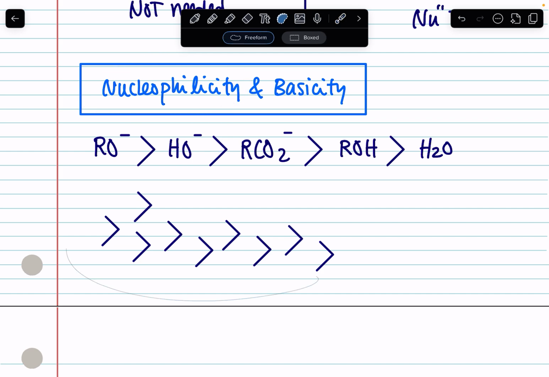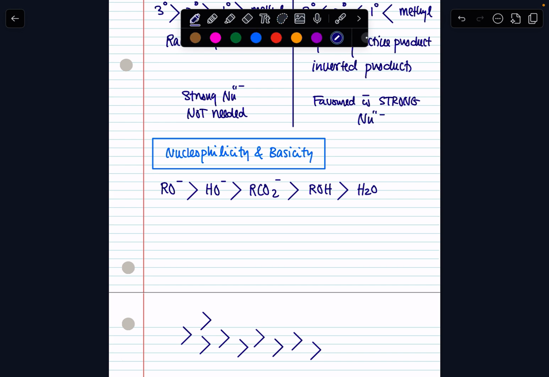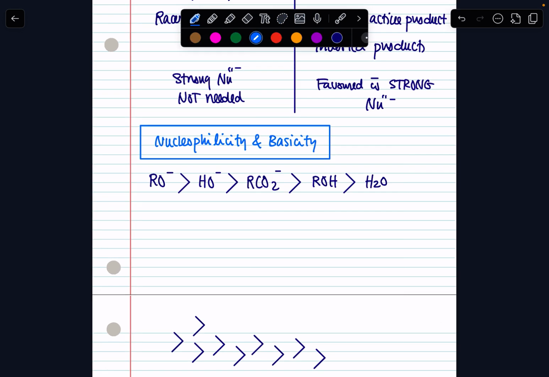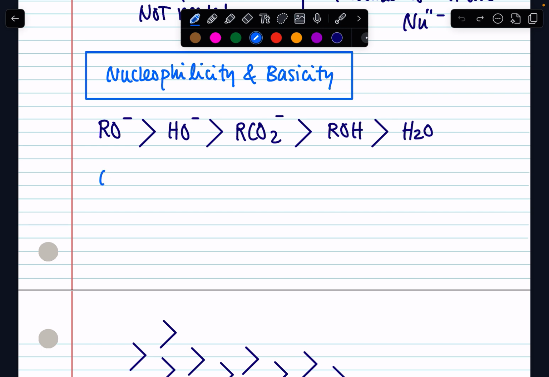Next trend would be based on polarity and size. So I'm going to say nucleophilicity and size and polarity. Now we talked about polarity or polarization in grade 11.